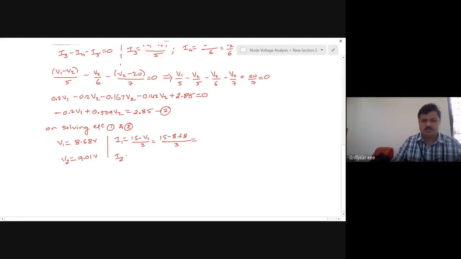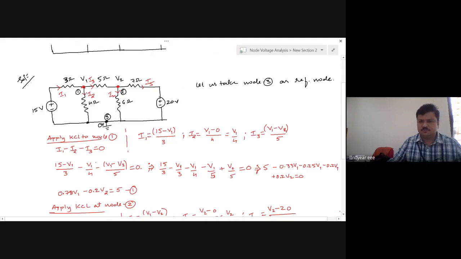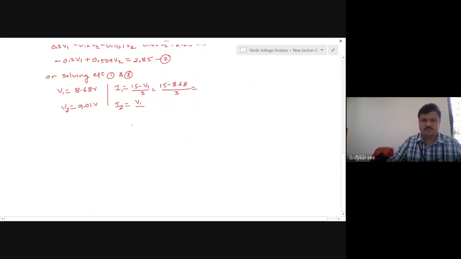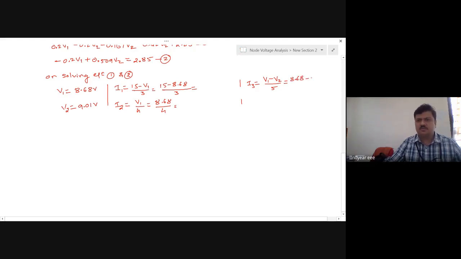I2 is V1 by 4, equal to 8.68 by 4. I3 is (V1 minus V2) by 5, that is (8.68 minus 9.01) by 5.